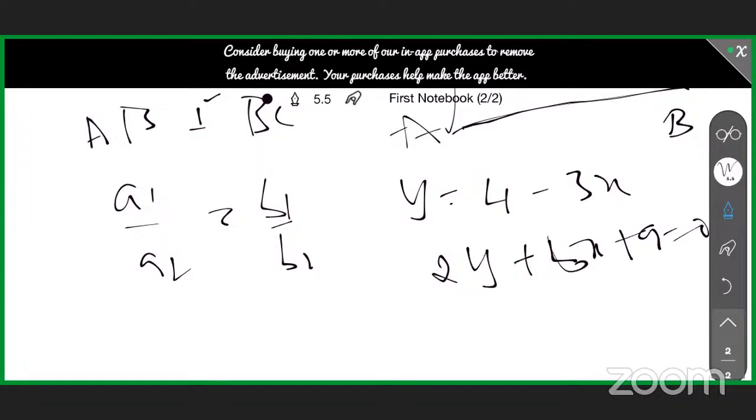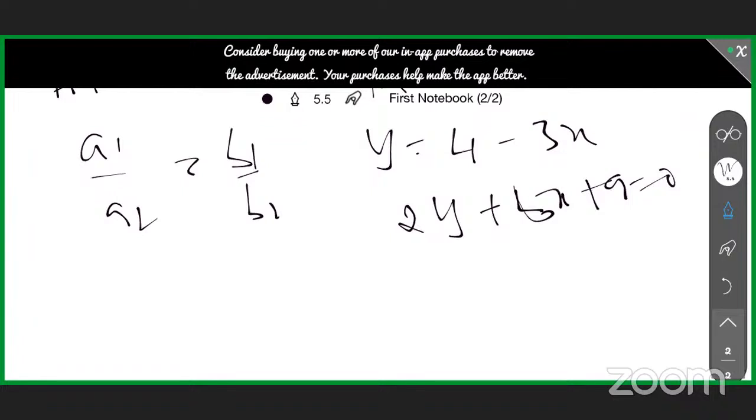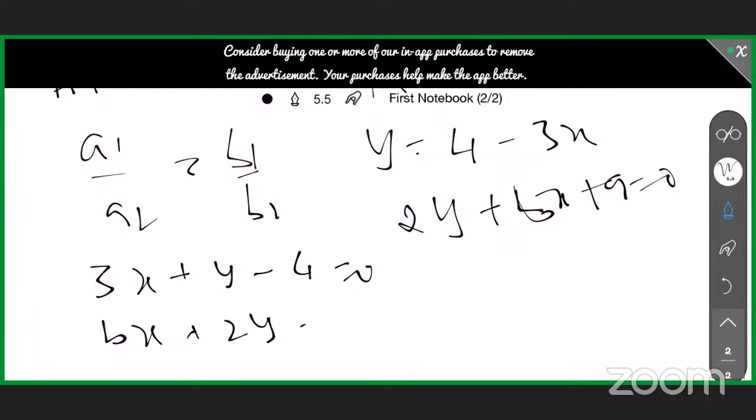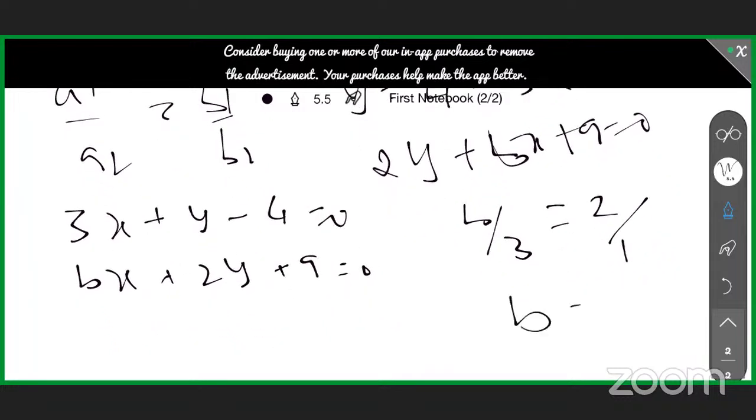This one, that means x plus y minus 4 is equal to 0, and another one is bx plus 2y plus 9 is equal to 0. That is, b by 3 is equal to 2 by 1. So you cross multiply, the b value will be b is equal to 6.